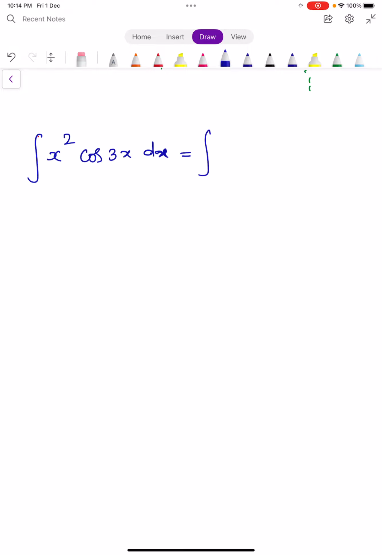It is in the form of integral uv dx, where u is equals to x square, v is equals to cos 3x.